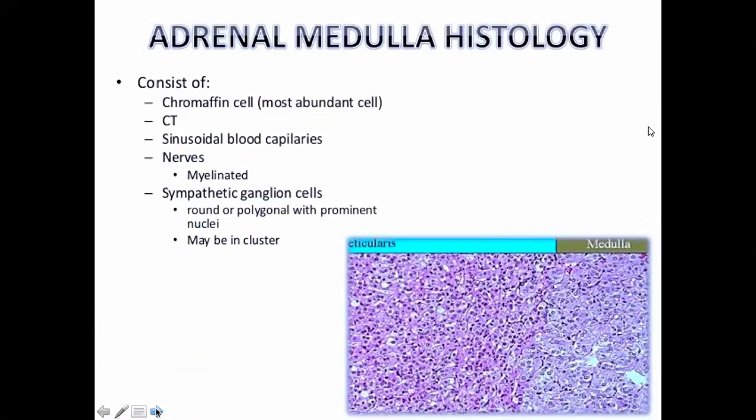Okay? How about adrenal medulla? So the most important cells in the adrenal medulla are the chromaffin cells. Okay? They're the most abundant cells. And they have connective tissue, sinusoidal blood capillaries, and your medulla is may pagka-neural component. Kaya marami siyang nerves and sympathetic ganglion cells.